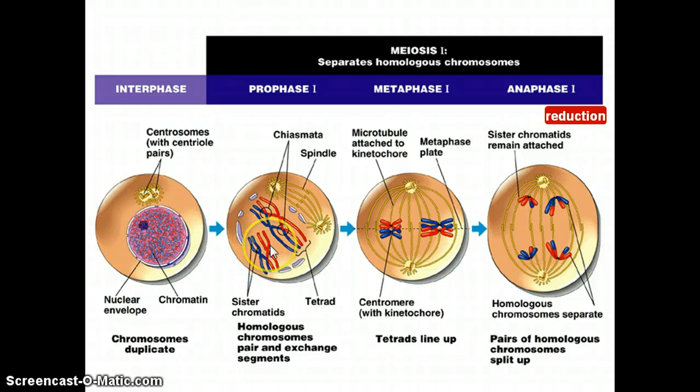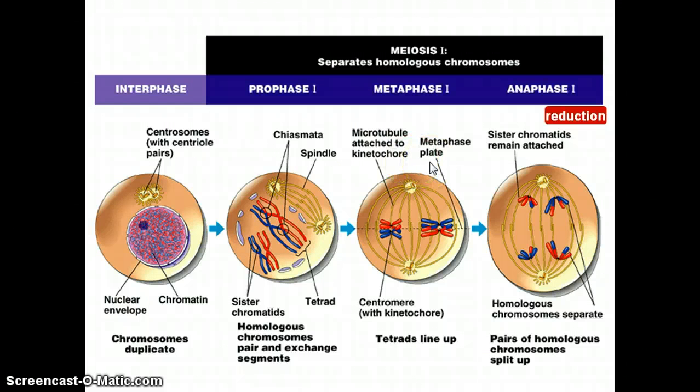This set of homologous chromosomes pairs up in prophase 1 to form a tetrad. The other part of prophase 1 is similar to mitosis, where we have a spindle formation and the centrioles moving to different portions of the cell, different ends of the cell. We'll talk about chiasmata in a little bit.